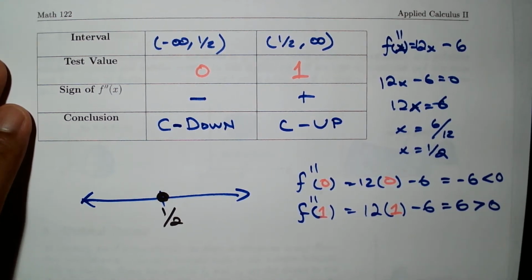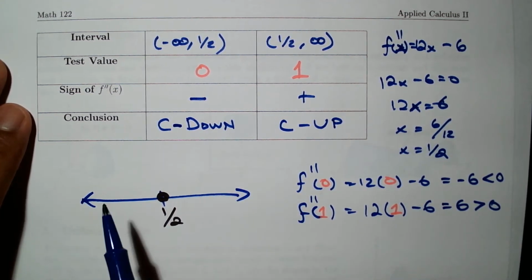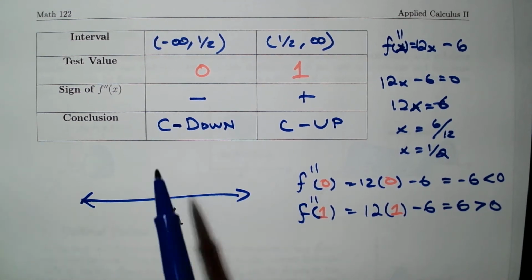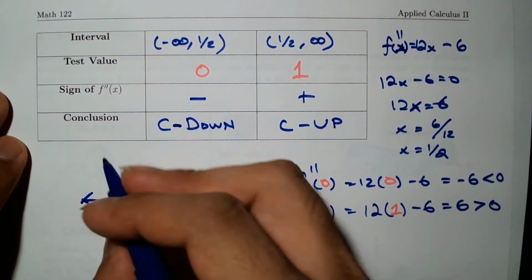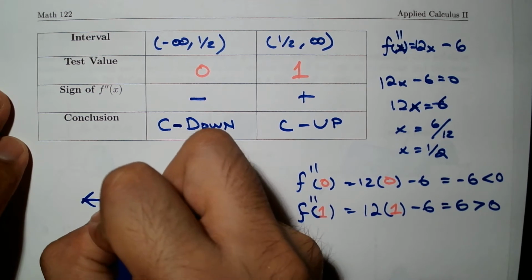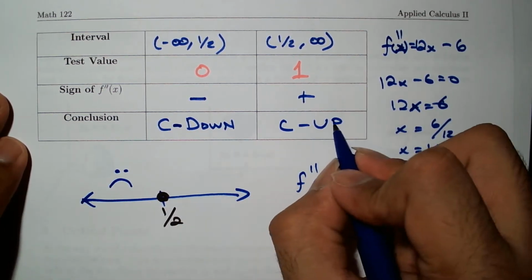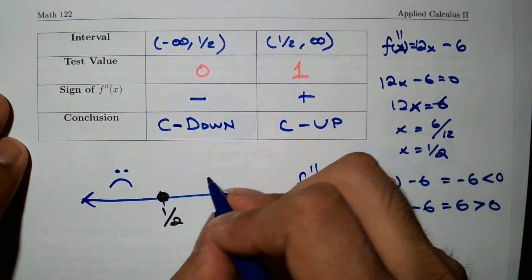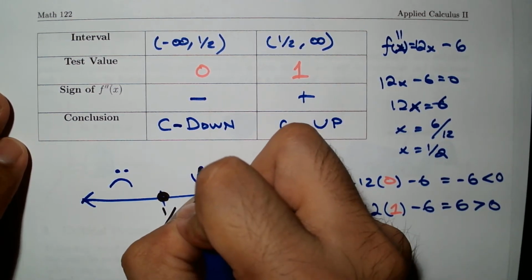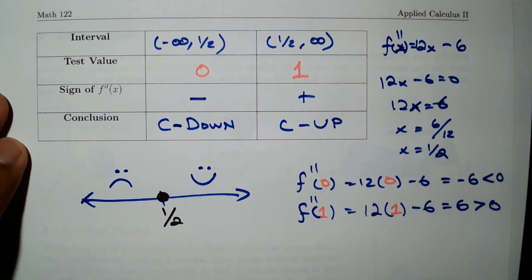Now, how are we going to find whether we have a point of inflection? Well, this is what I like doing when going over this type of problem. When we have a function concave down, f of x is sad in this interval, and in the intervals where it's concave up, we have a happy f of x here.